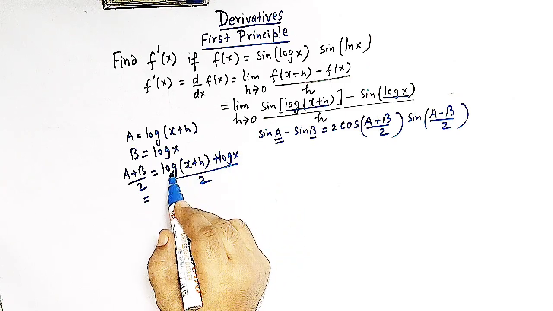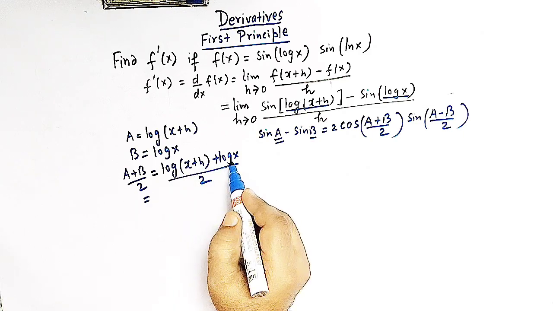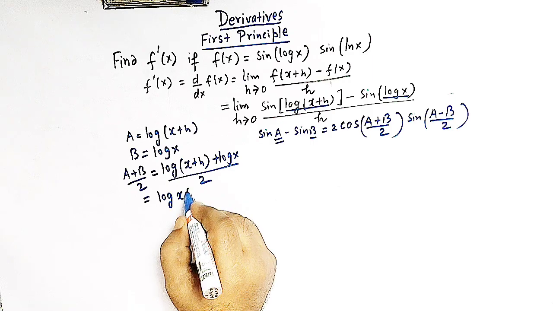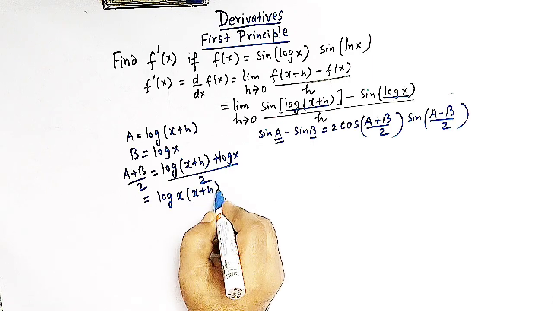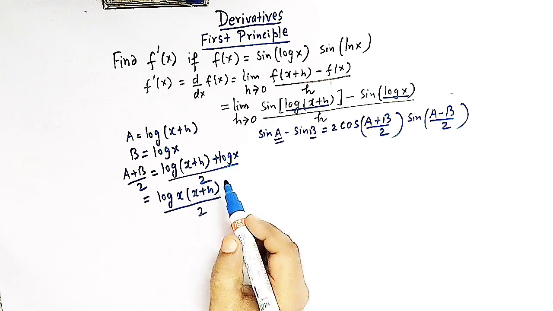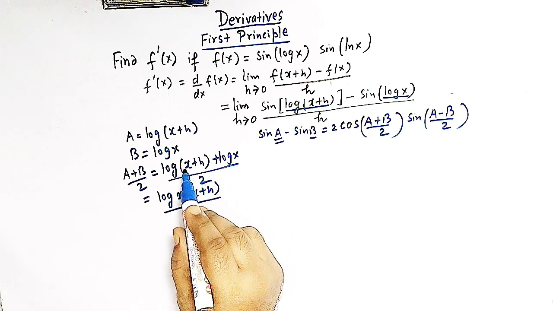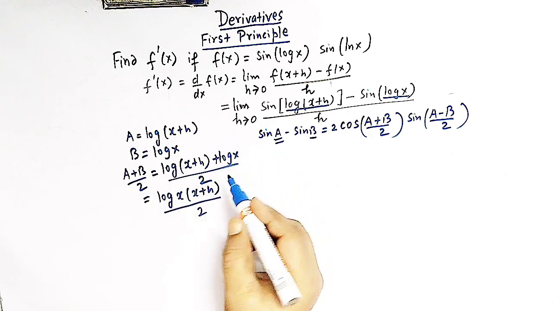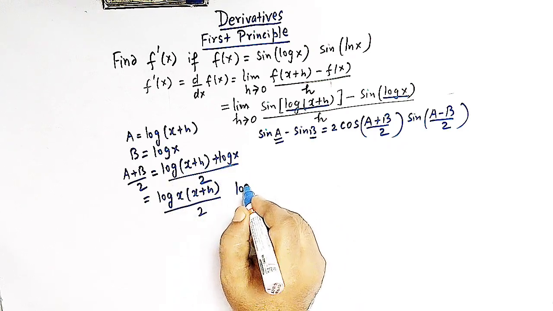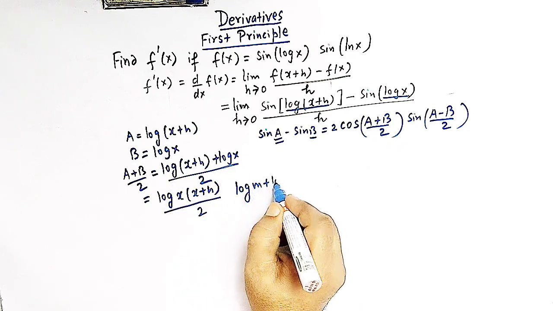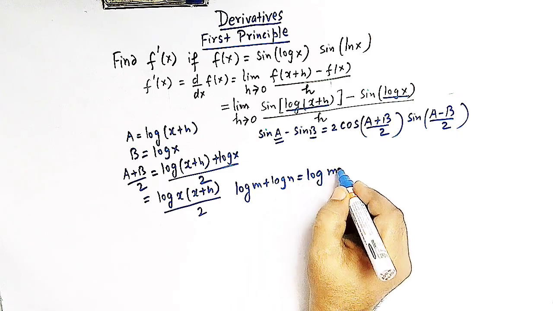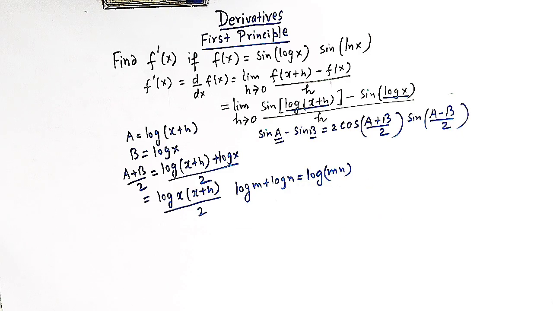Log of x plus h plus log of x can be written as log of x times x plus h, over 2. Here we have used the important property of log, that log m plus log n is equal to log of the product of m and n.